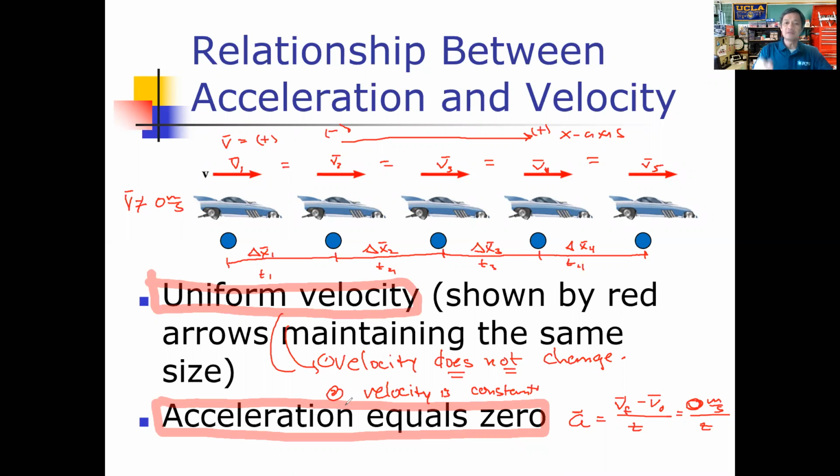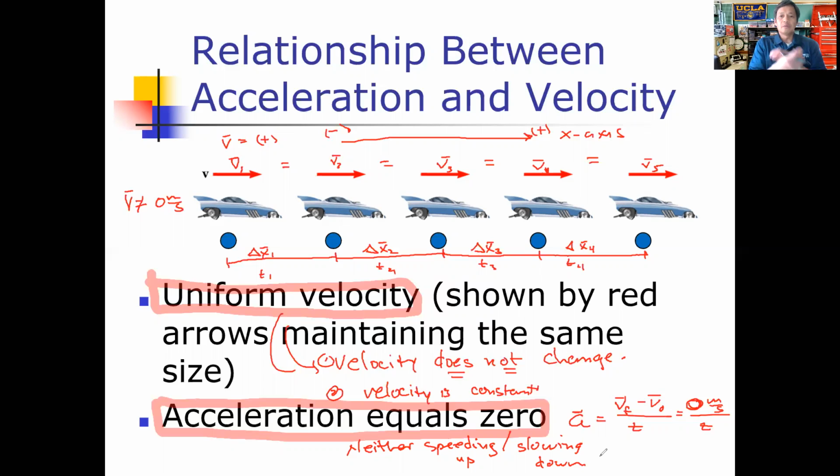That means the object is neither speeding up nor slowing down. It's doing neither one of those. It's just maintaining the same speed in the same direction. So whenever the acceleration is 0, the velocity is going to be constant.